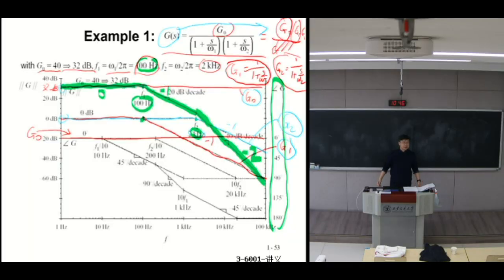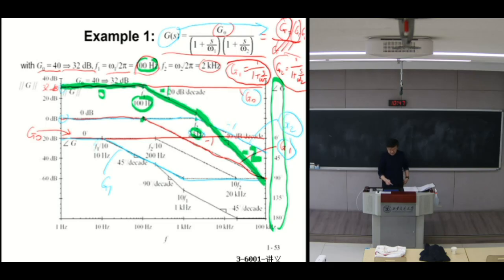G1 is a single pole, so the phase angle will go from 0 degrees at low frequency gradually changing to -90 degrees. The corner frequency of that phase angle would be exactly at F0, which is 100 hertz. So this is going to be the G1 phase angle.